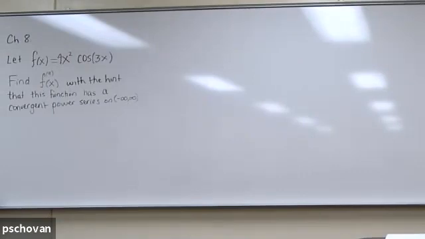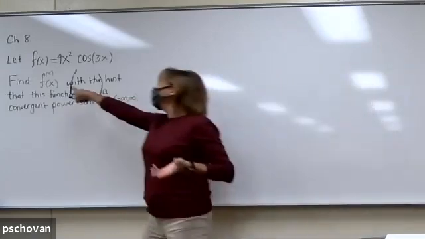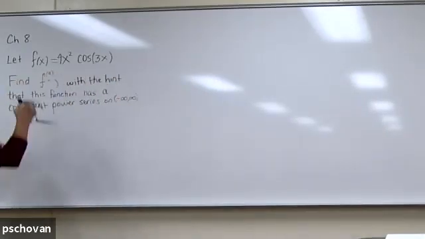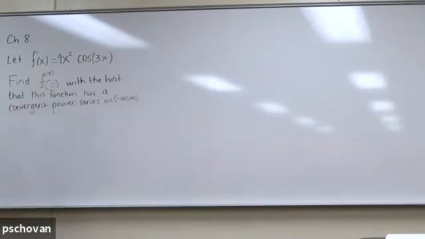Okay, so let's think about what it'd be like to take 9 derivatives of this. Your first derivative involves the product rule, right? If you just had to find the 9th derivative of this at x equals 0, I don't want a whole bunch of them. Your first derivative has the product rule. Your second derivative will have the product rule. Your third derivative will have the product rule. And it gets bigger and bigger as you take more derivatives. So the plan is, instead of doing that, find the power series that converges to that function.